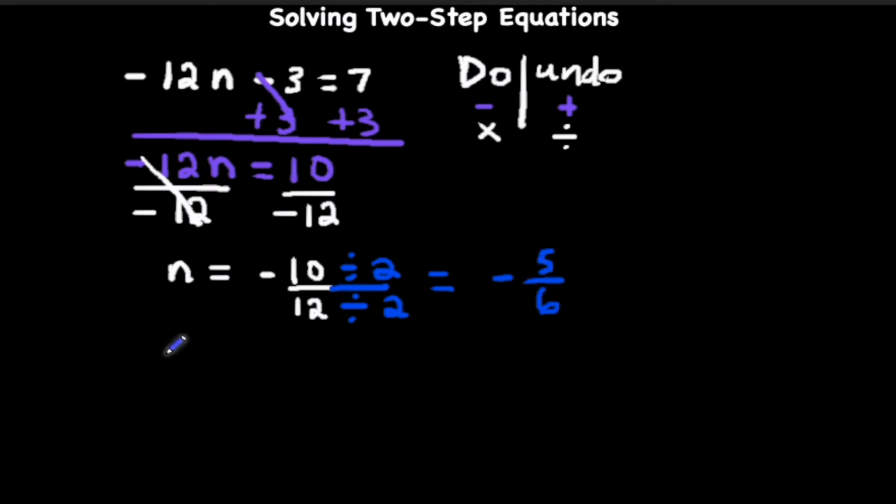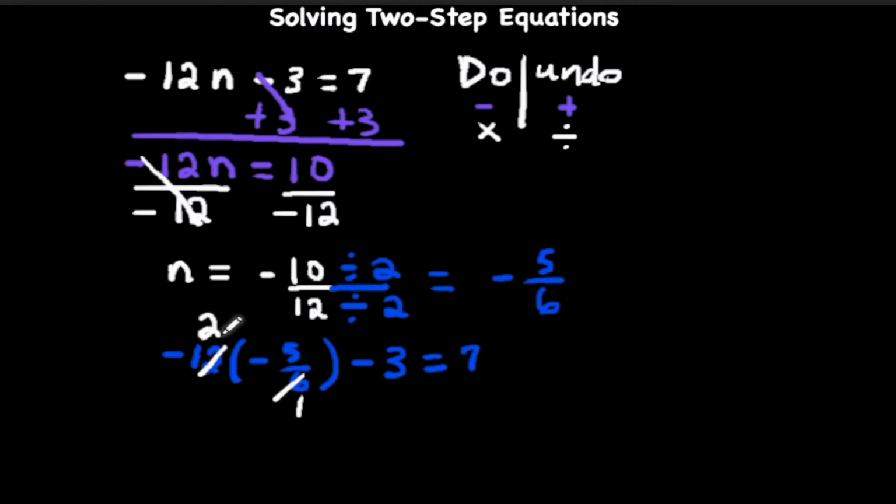So that's negative 12 times negative 5/6 minus 3 equals 7. Okay, so we can go ahead and factor out the 6 and 12 because 6 goes into 6 once, 6 goes into 12 twice.